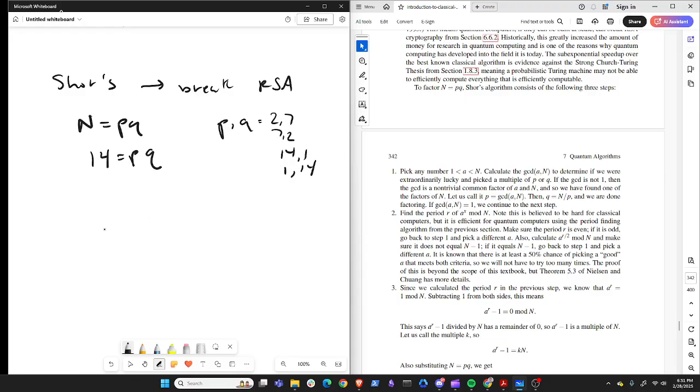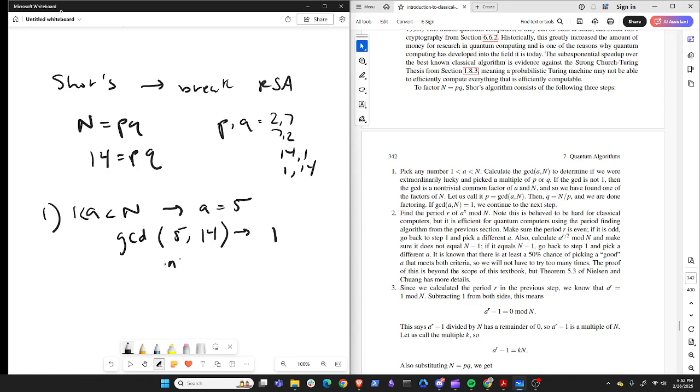But so we pick any number a that is between 1 and n. Let's say that a is 5. And we calculate the greatest common divisor between a and n. So the greatest common divisor between 5 and 14 is 1.